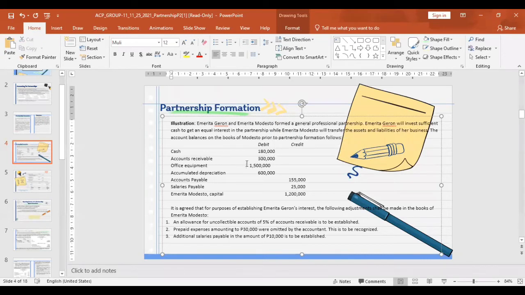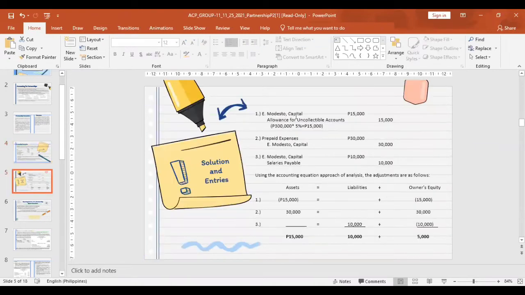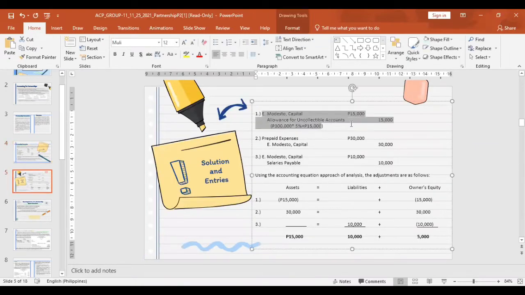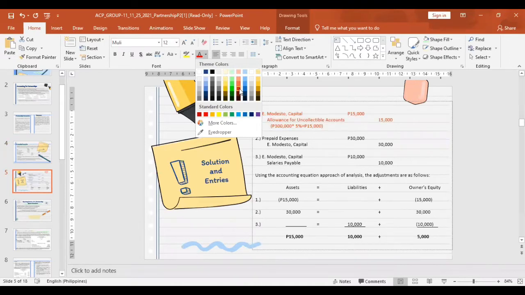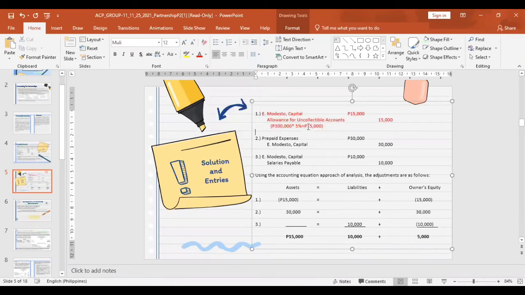So, maglalagay tayo ng 5% na allowance. Ganito yung entry niya. Ilelebel siya sa capital kasi nga nabawasan yung asset mo, so mababawasan din yung capital mo. Paano nakuha yan? So, yung 300,000, times mo siya ng 5%, so may 15,000 na uncollectible.